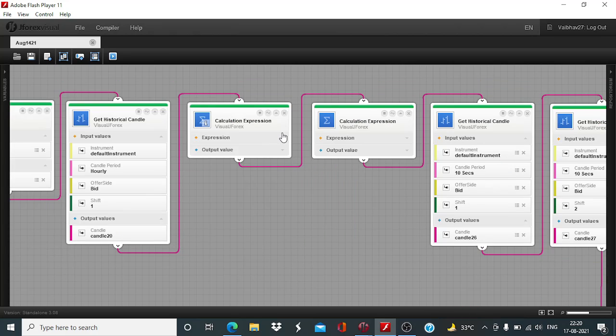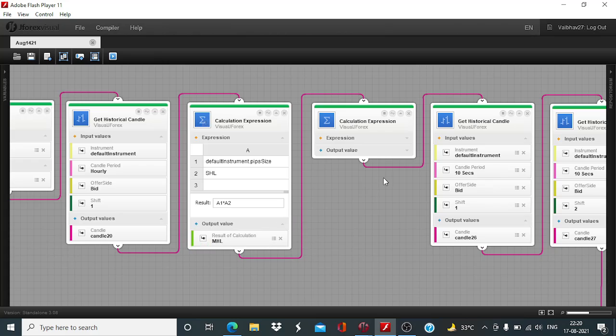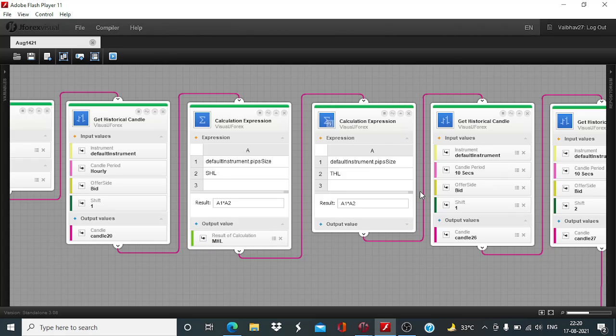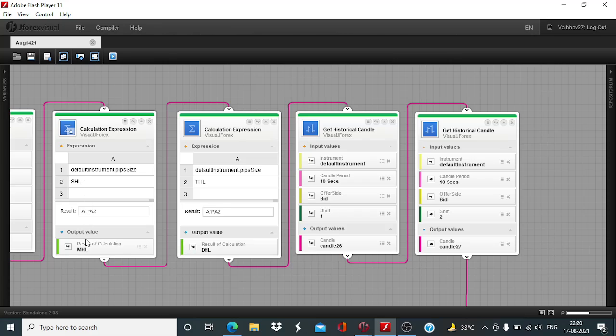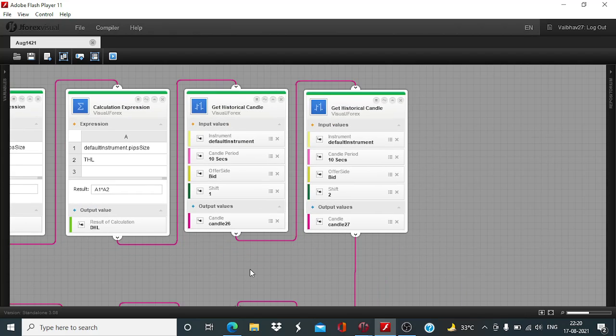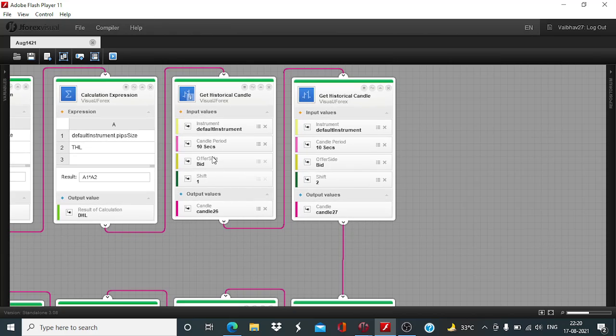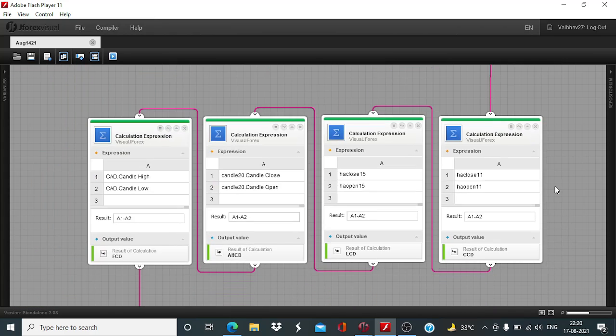These calculations were done to define certain values which we are going to use as the conditions. The first value has 5 pips as its calculated output value, and this variable has 20 as its defined value. And to pinpoint the exact entry point, these 10-second blocks are going to be used.